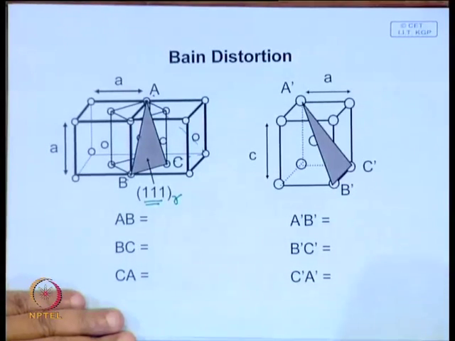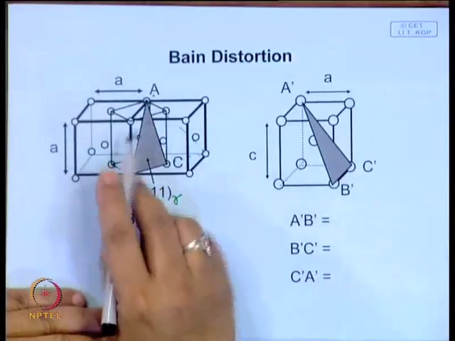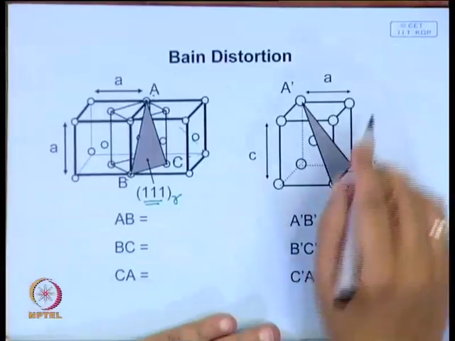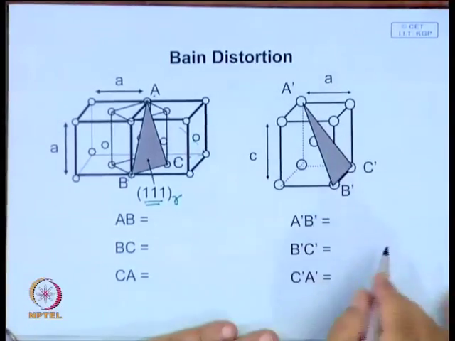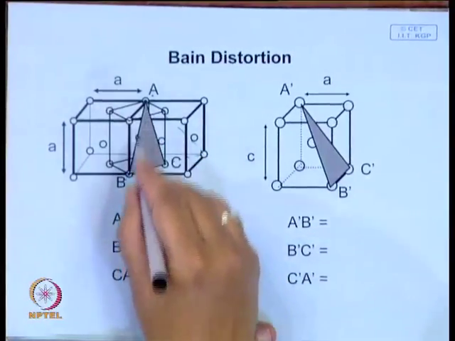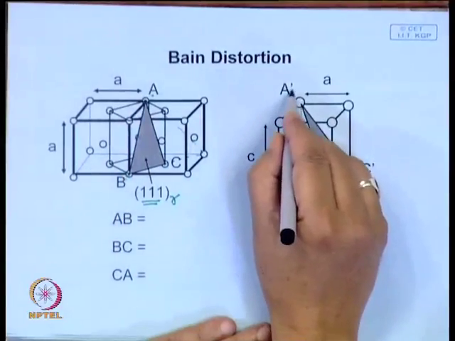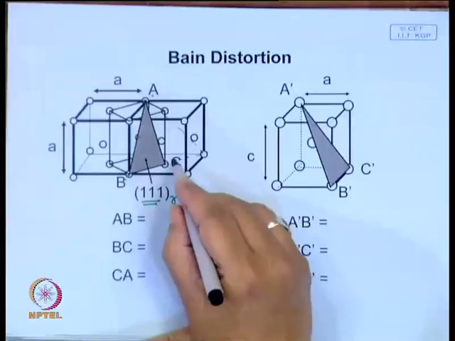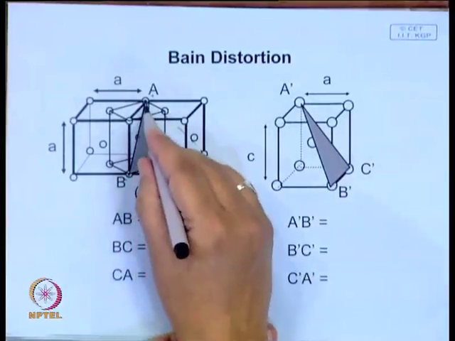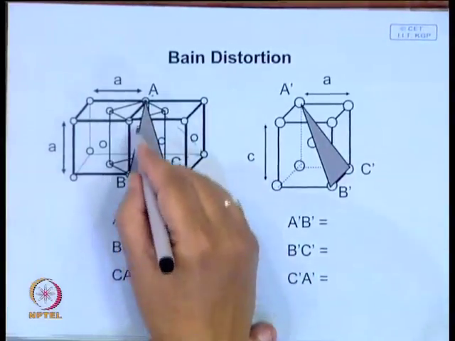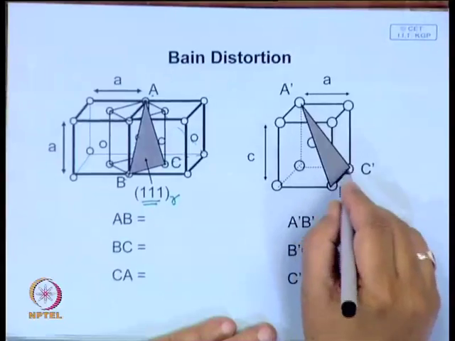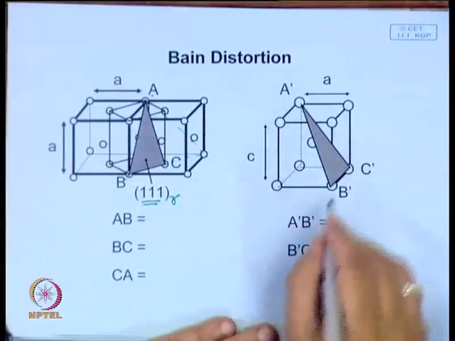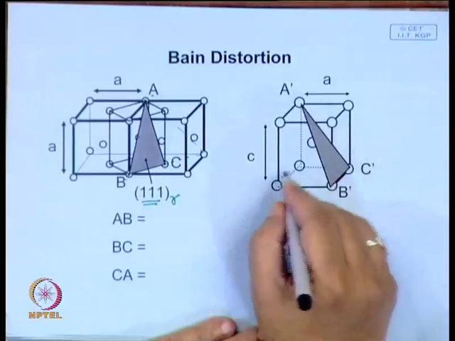Now, you look at this when it is transformed into martensite, or BCT, or a nearly BCC structure. This A here is A prime, B here is B prime, and C here is C prime. Now, look at this, and you can easily see what its indices are.